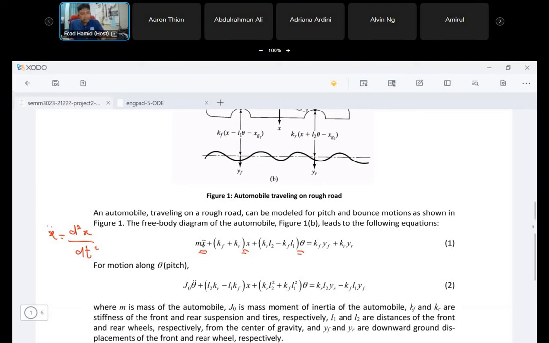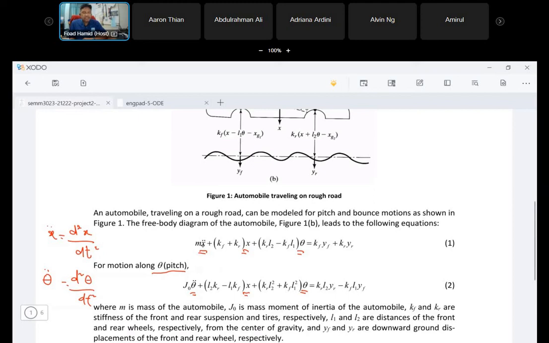And note that for the pitch equation, this is d square theta over dt square. So this is the second derivative of theta. Note that the equation has x and theta, which means this needs to be solved simultaneously.